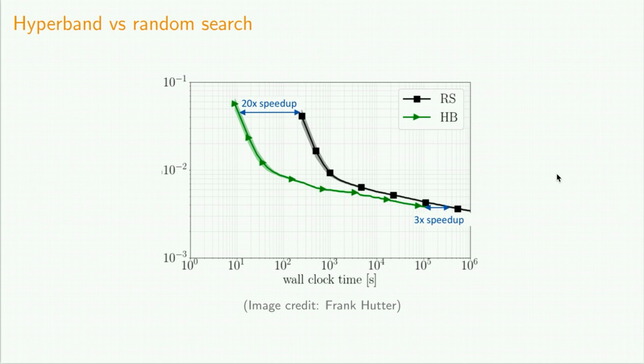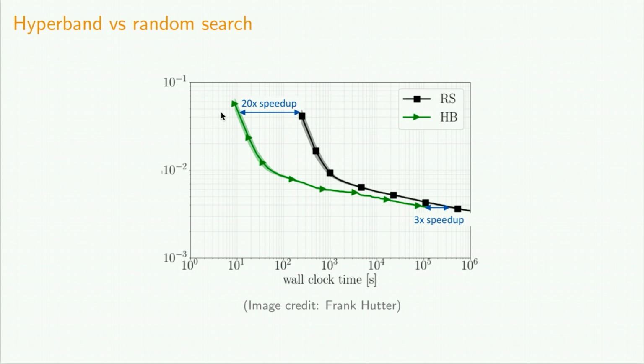So if we look at Hyperband versus random search, first of all, we have a speed up here at the beginning. We have a speed up because we can record the performance at every rung.